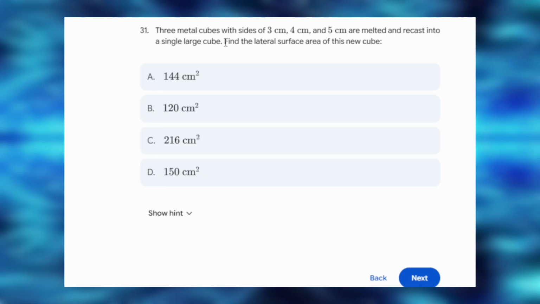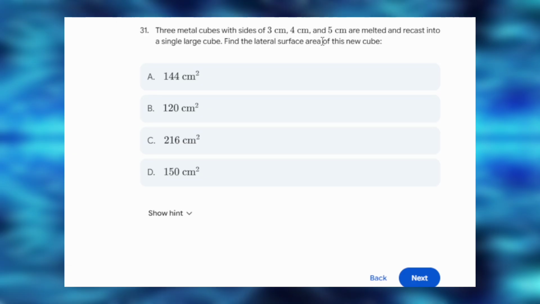3 metal cubes with sides 3 centimeters, 4 centimeters and 5 centimeters are melted and recast into a single large cube. Find the lateral surface area of this new cube. The new cube volume equals the sum of the individual volumes, 3 cube plus 4 cube plus 5 cube. 27 plus 64 plus 125.